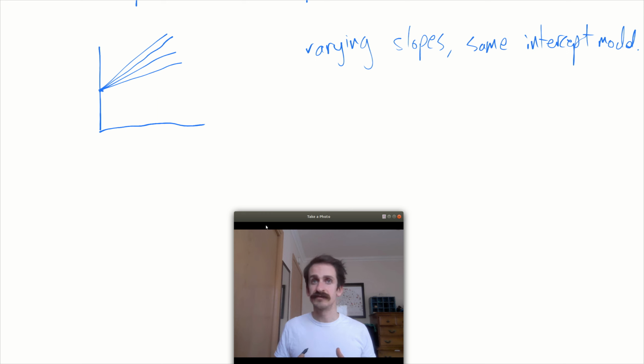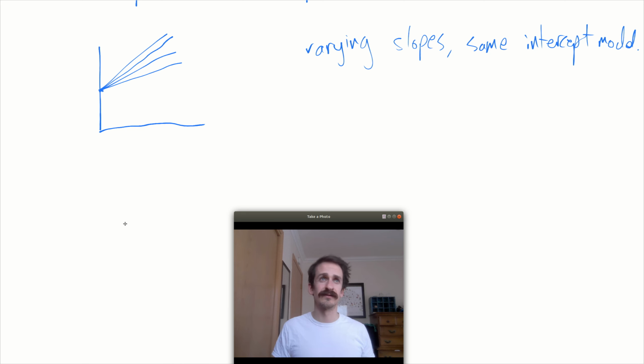I especially recommend that you do this by hand before you try fitting these types of models in R. It can take a little bit of practice to translate these ideas about varying intercepts, varying slopes, and so forth into the R syntax, and it's very easy to make a mistake or fit a model that isn't what you think it is.